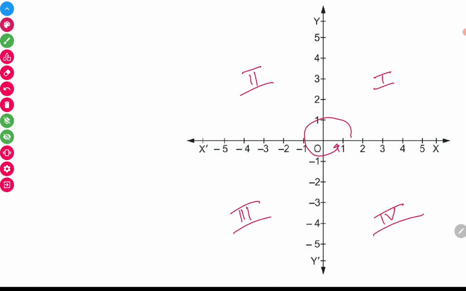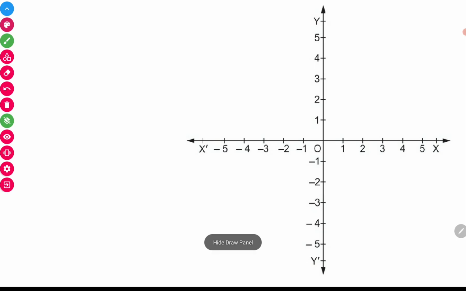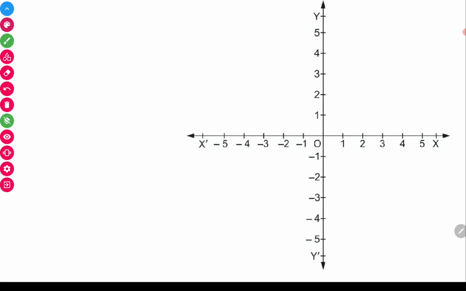As you will see, in your first quadrant, the x is positive and the y is also positive. That means any point in this quadrant, suppose this point is 3, 3.